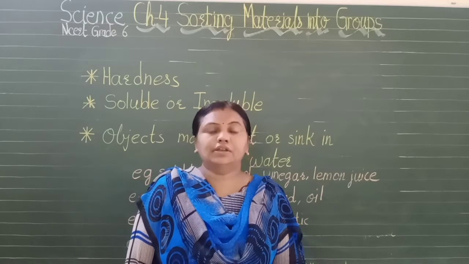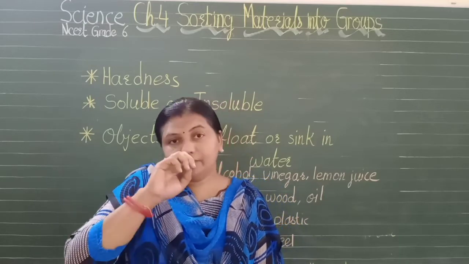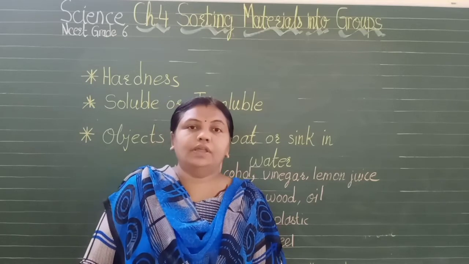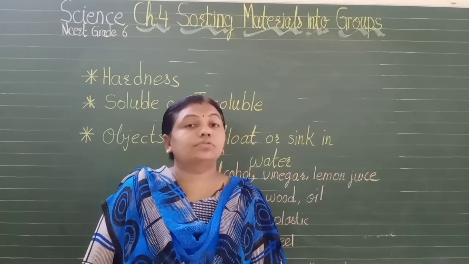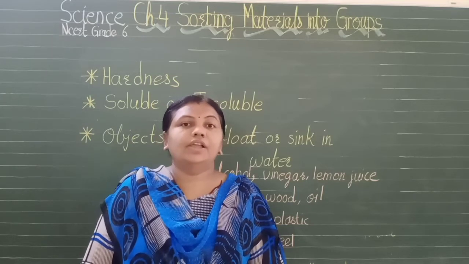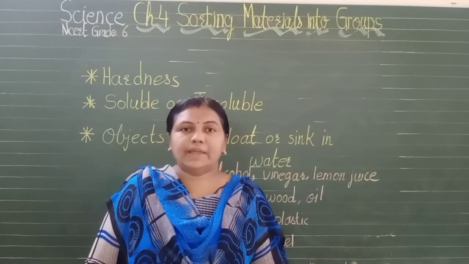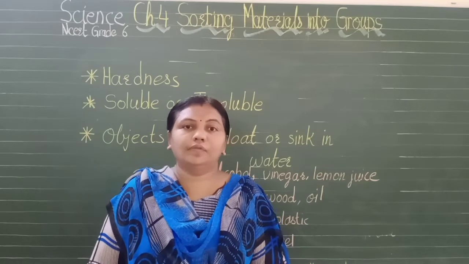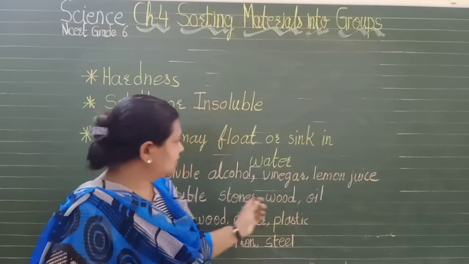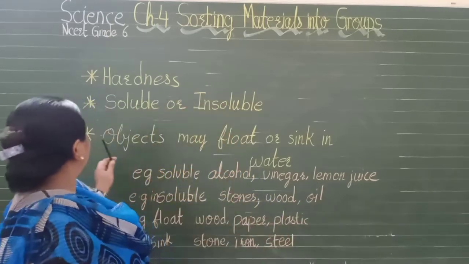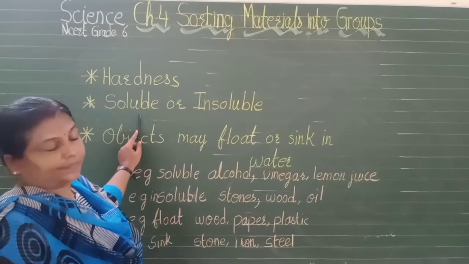It easily dissolves. If you want to take it with your hand, it is not possible. Even at the same time, if you add lemon juice to the dal or your favorite pulses, you know very well you cannot see the separate lemon juice. It is totally dissolved in the food. So the things which totally dissolve are known as soluble substances.